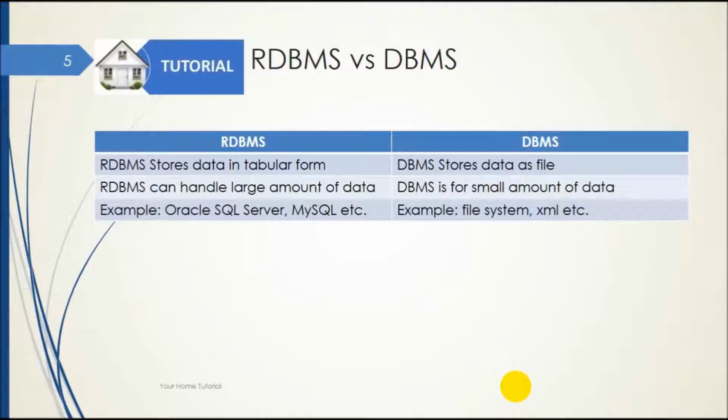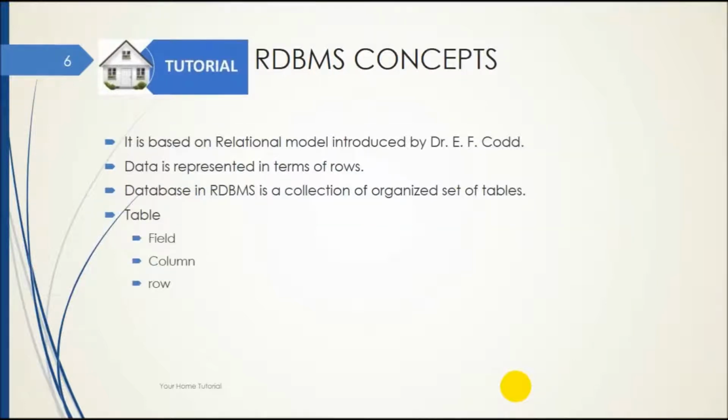So RDBMS is an extension to the DBMS. As I said, all RDBMS are DBMS, but all DBMS may or may not be RDBMS. Let us now understand the concepts of RDBMS.